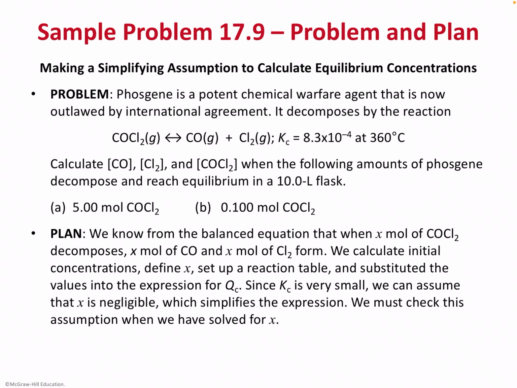Let's see how to find that out. Change is X over initial concentration times 100. So our change is 2 into 10 to the negative 2, over initial concentration 0.5, times 100: 4%. So less than 5%, so the assumption is justified.